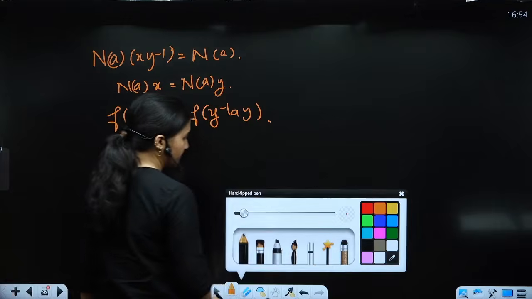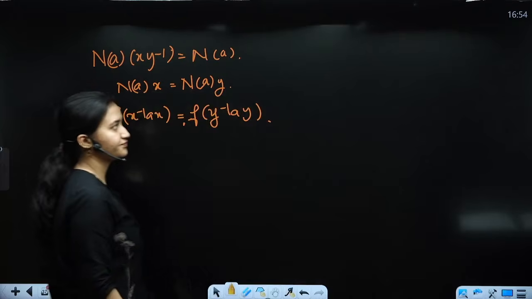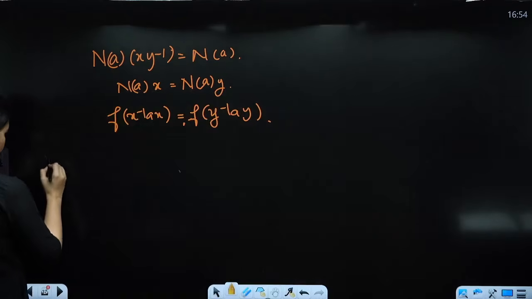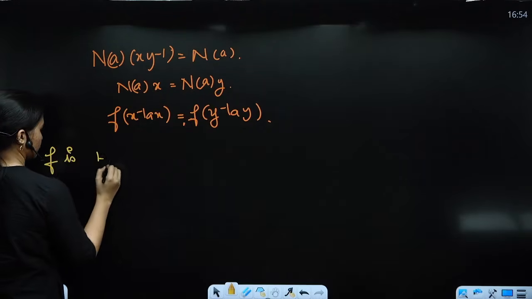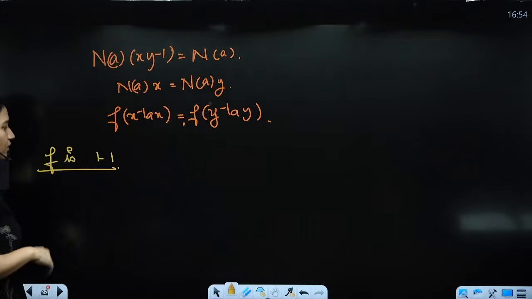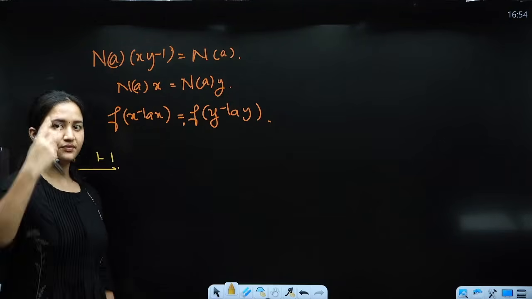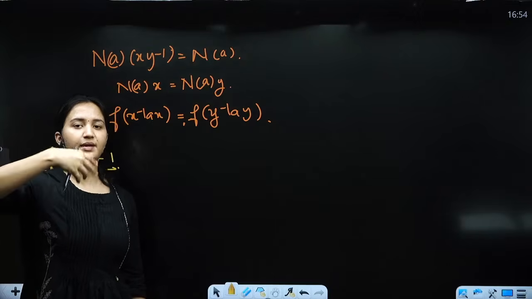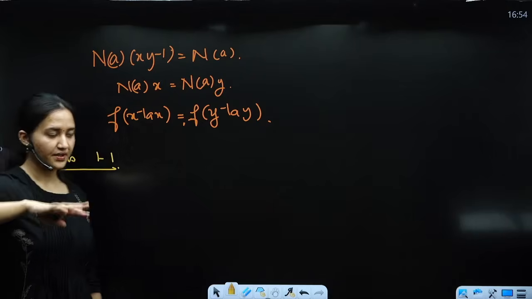Now the next step is to prove that the function is 1-1. If I want to prove that the function is 1-1, I will start with two outputs that are the same, and I'm going to prove that the inputs are also the same, right?